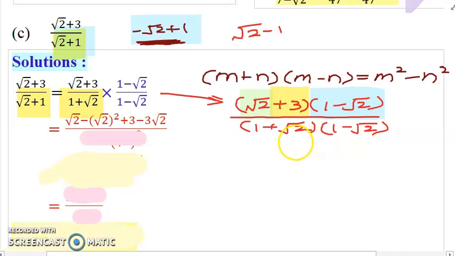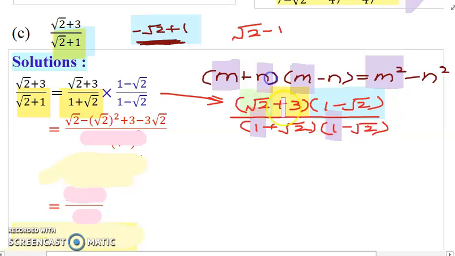Whereas at the denominator, this is the multiplication of the conjugate pair. If you compare with the formula in brown on top, the value of 1 is like our m, so the result of the multiplication gives us m squared, which is 1 squared in this case.